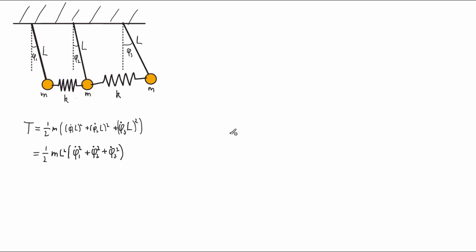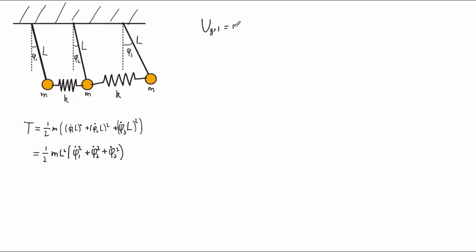The potential energy has two parts. There is a gravitational potential energy associated with the pendulums, and there's also an elastic potential energy associated with the springs. So let's start with the gravitational potential energy, and just to show how this can be simplified, I'm going to write down the gravitational potential energy of just the first pendulum.